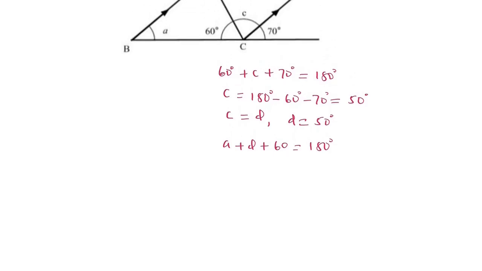So substituting the values we have A plus 50 plus 60 equals 180 degrees. Okay, so now let us collect the constant terms. Our equation is going to be A equals 180 minus 50 minus 60, of which solving this we get 70 degrees.